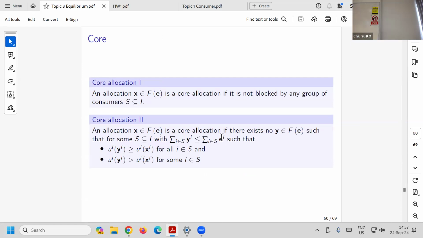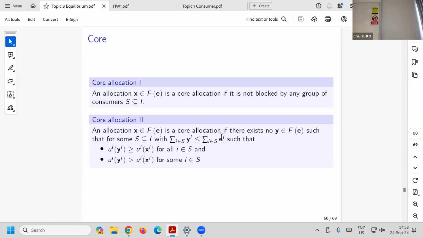That means you can't take any group of agents who take their endowment away and become better off. I don't talk about how they achieve it, just that it's possible for them to do it. There's no system to achieve this, and it's not about whether they are stable after they leave.